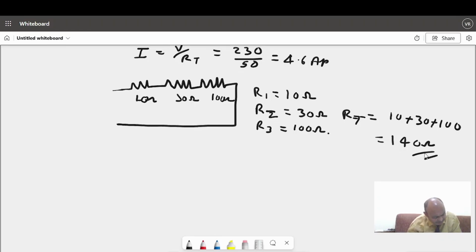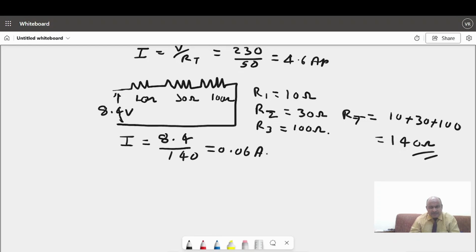If the applied voltage is 8.4 volts, the current flowing in the circuit is voltage by resistance, 8.4 by 140, which is nearly 0.06 amperes. This is the total current flowing in the circuit.